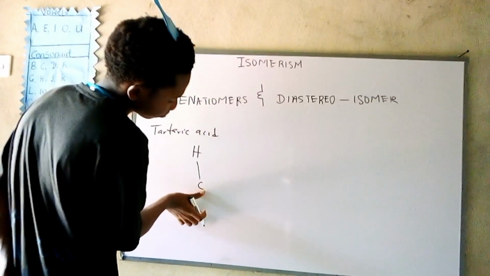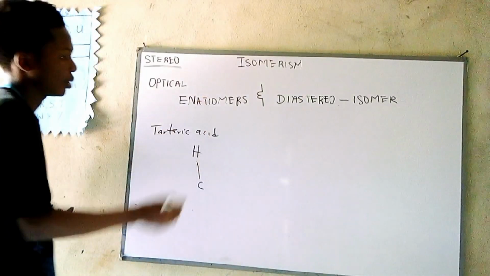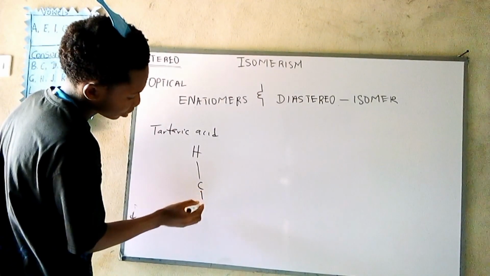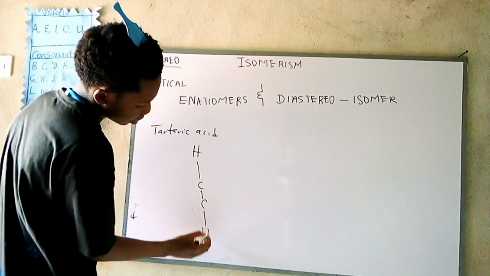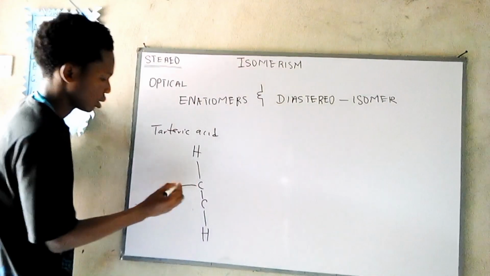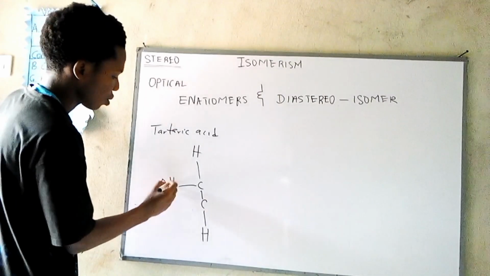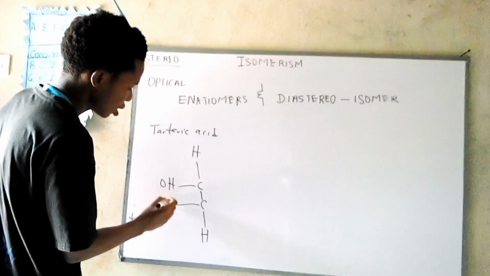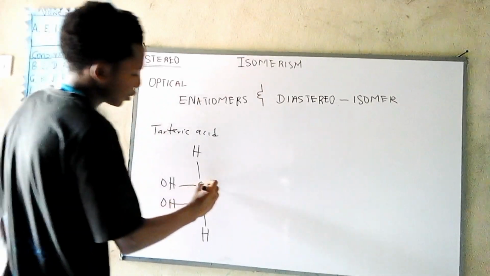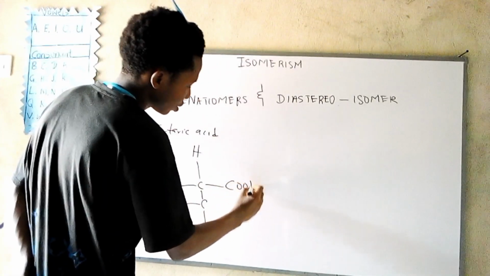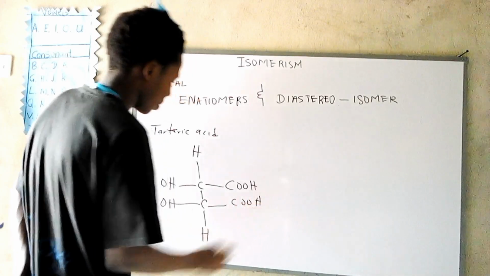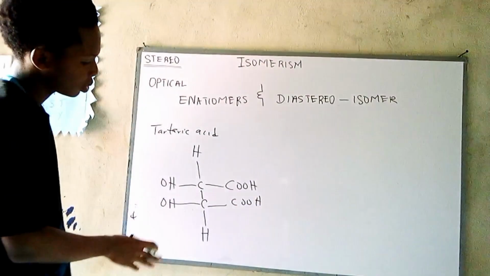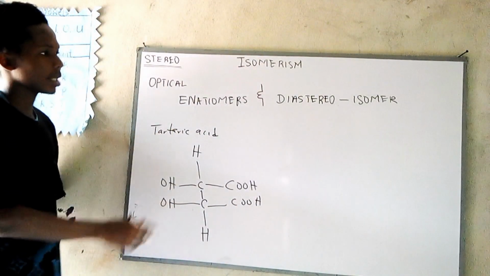Sorry. I forgot we're drawing a diastereoisomer. I'm sorry. It's drawn like this. Okay, this is how tartaric acid looks like.